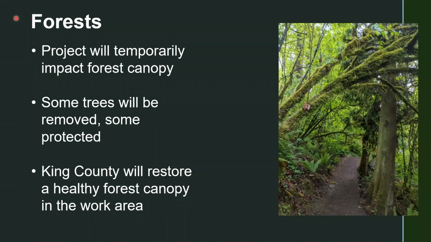Those are the types of trees that may need to be removed as part of the project. All of the other trees in the vicinity of this project throughout all of the work areas are going to be protected. And I will also talk about some of the goals that we have in restoring the forest when we're done with this project in a few slides here.